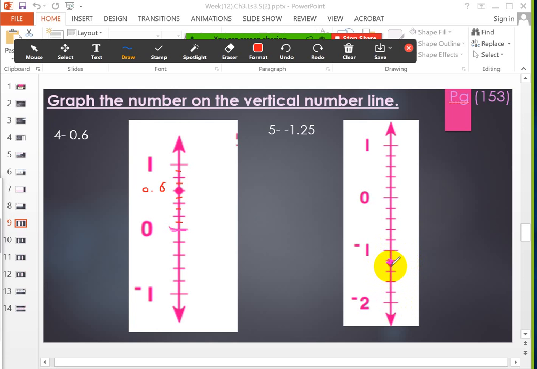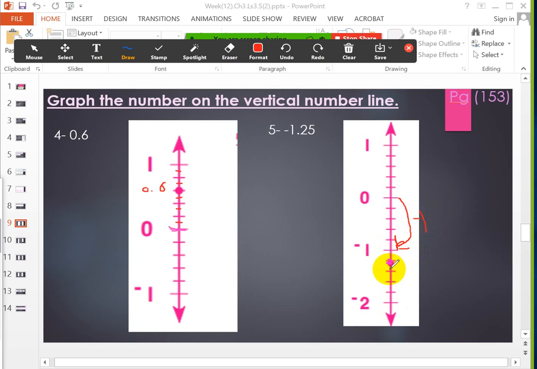So this is the distance for 1 here, or negative 1. After that, I have to count here: each distance between 2 points is 0.2.